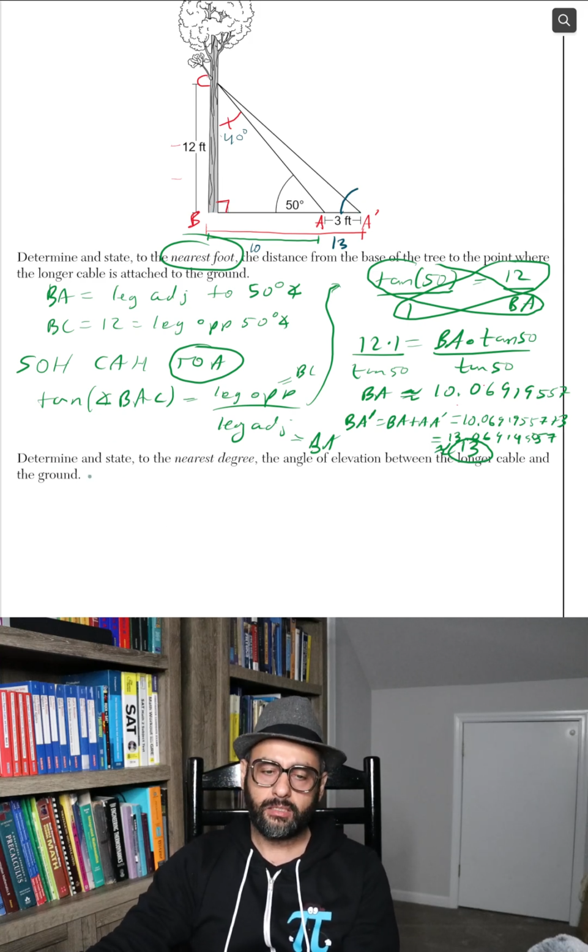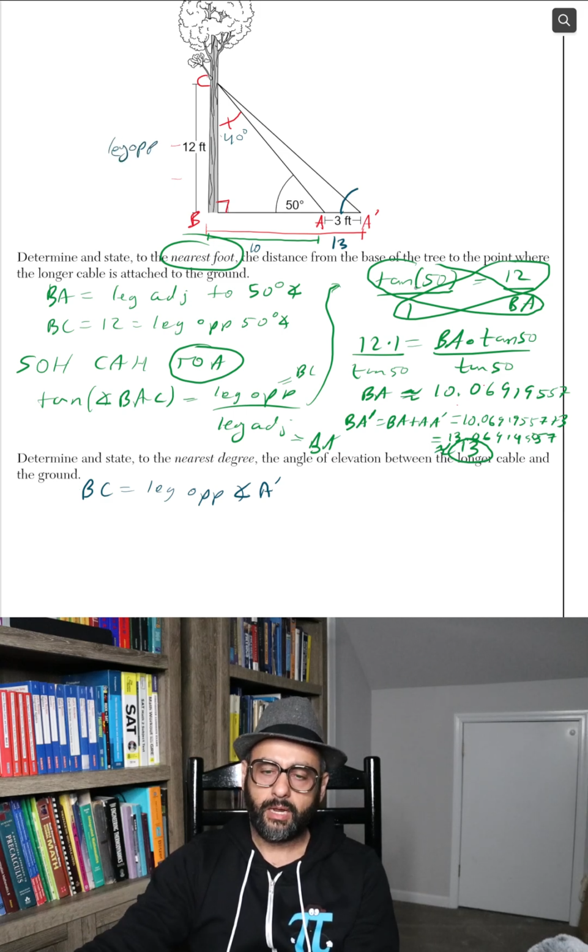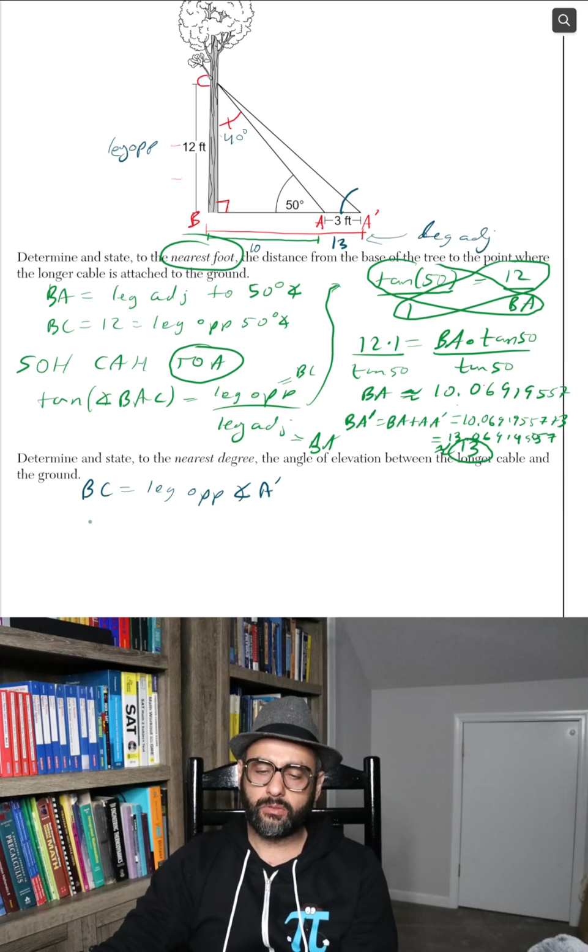So again, for the outside triangle, BC is equal to the leg opposite angle A prime. And then the bottom side is the leg adjacent. So BA prime is equal to the leg adjacent to angle A prime.